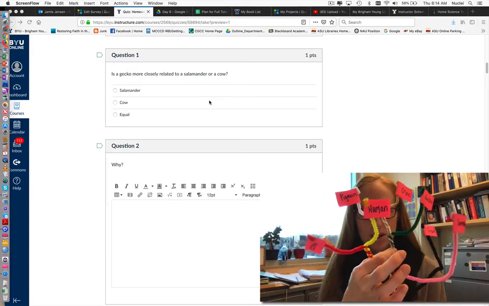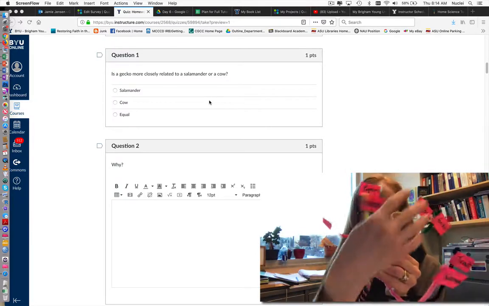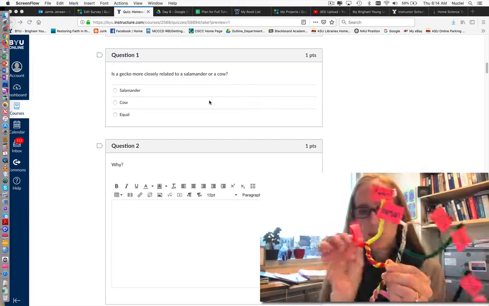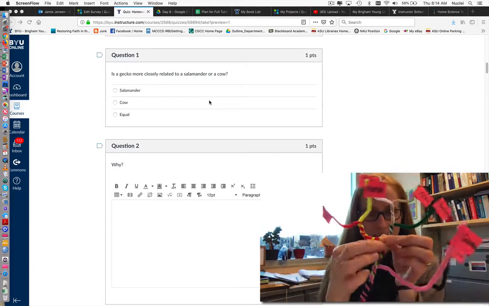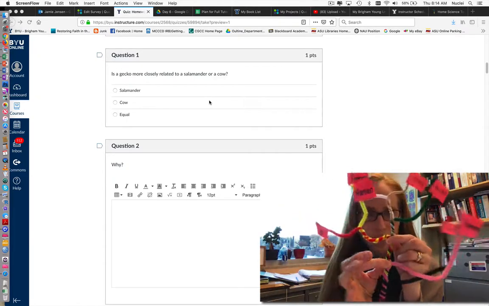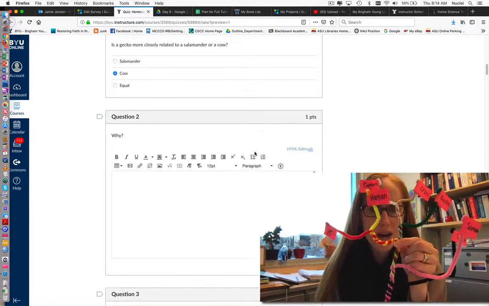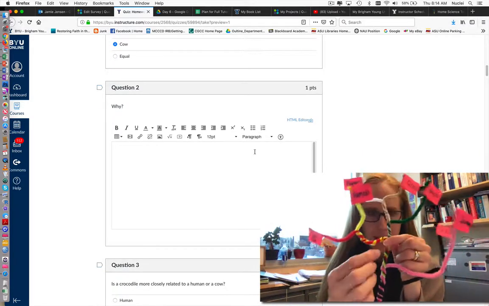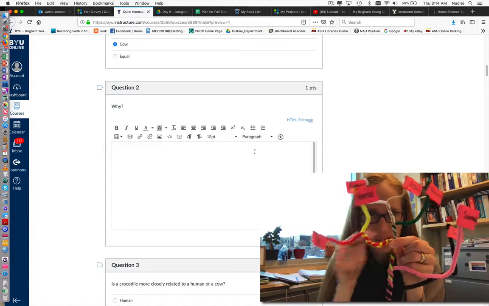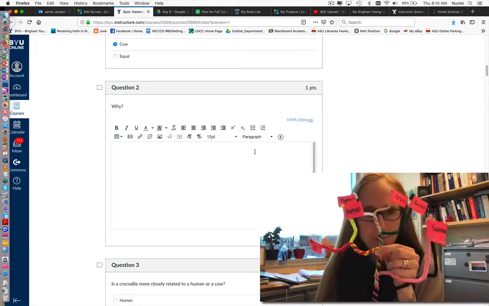And if you go right here, you can see that this node will branch off into these species. And so you can see the cow comes at a node higher up than the salamander. Okay, so cow would be the right answer. And then for why, it's because they share a more recent common ancestor than back here, this common ancestor that would be shared with the salamander.